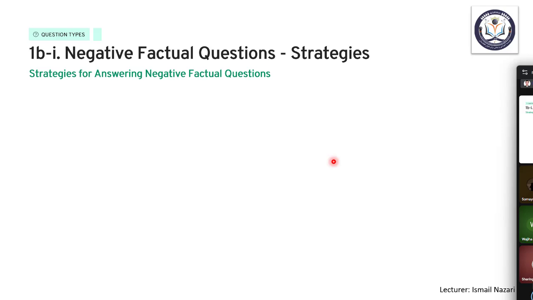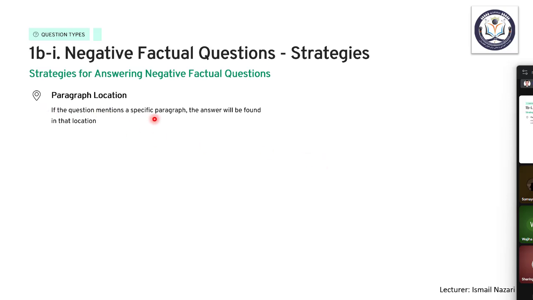First of all, when we are on negative factual questions, again, the important thing is we have to find out the paragraph location. Where will be the answer found, or where can we find the information which is the answer, or which paragraph does it ask?